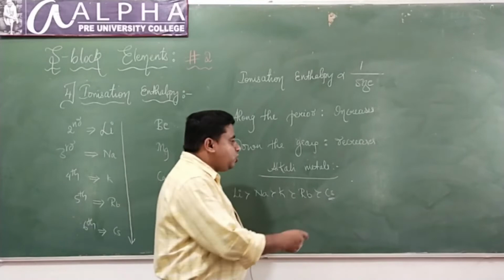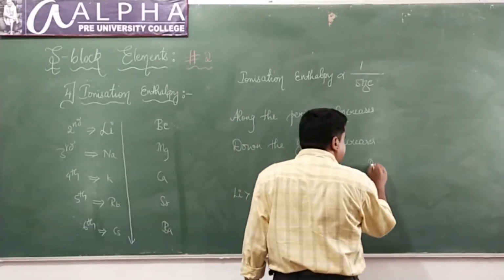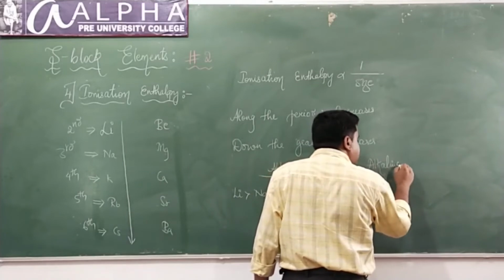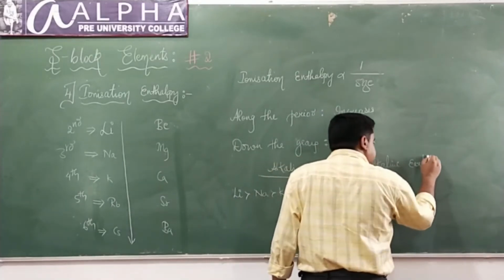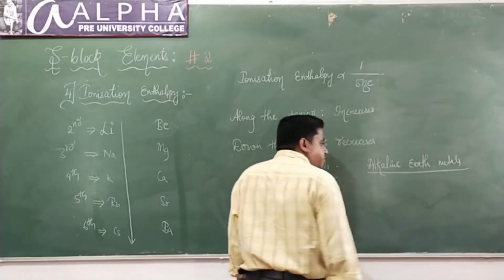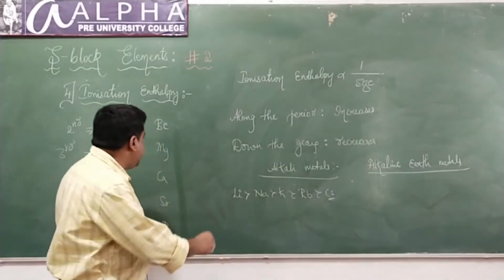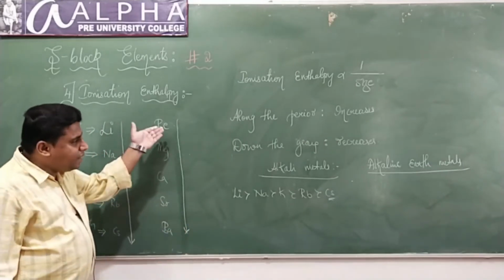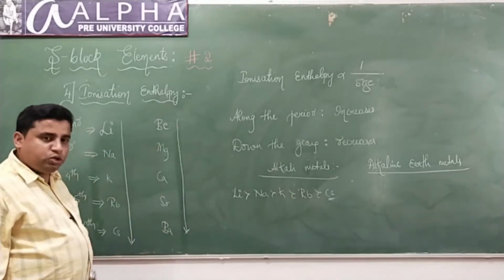Now, the ionization enthalpy of alkaline earth metals. What happens from beryllium to barium? Again the same thing, it decreases from beryllium to barium.